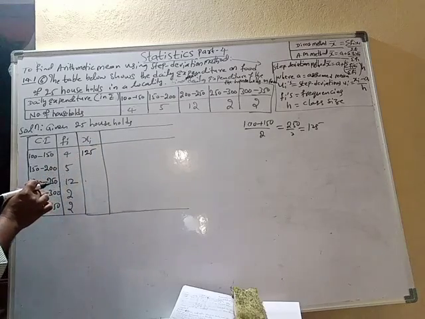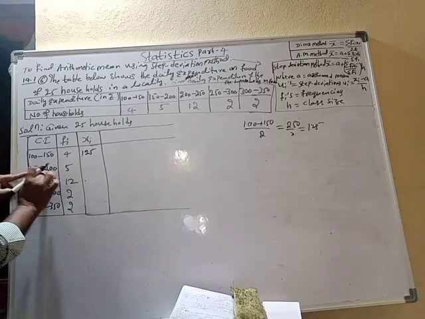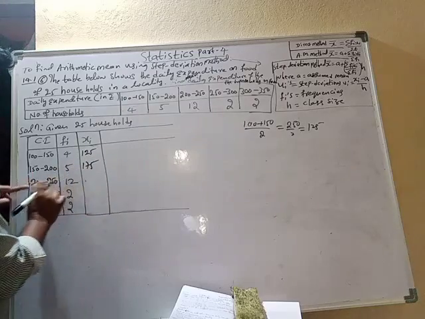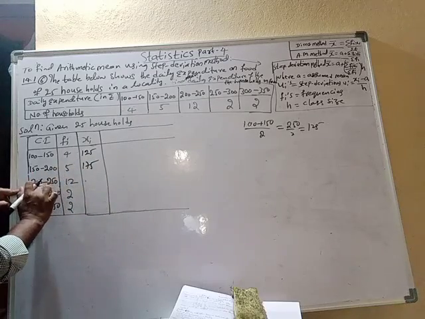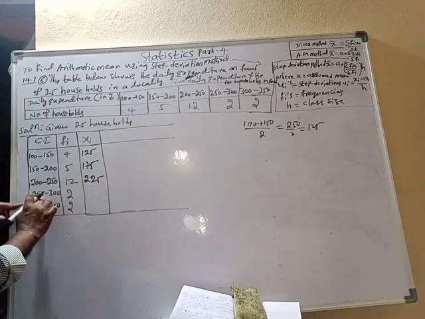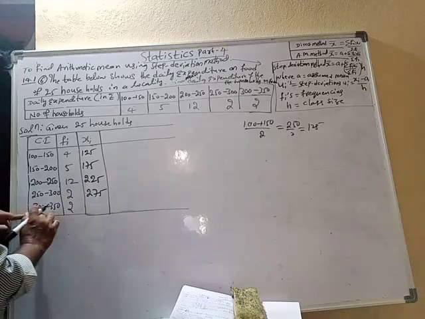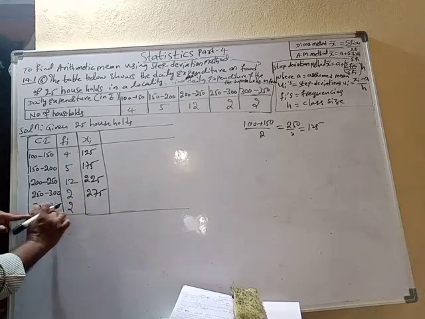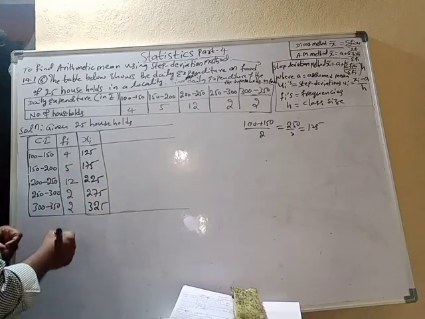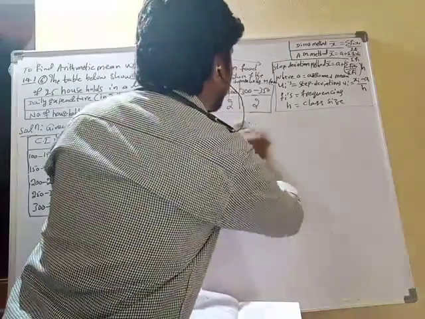For 150 to 200, the mid value is 175, and for 200 to 250, the mid value is 225, and for 250 to 300, the mid value is 275, and for 300 to 350, the mid value is 325. These are all xi's.